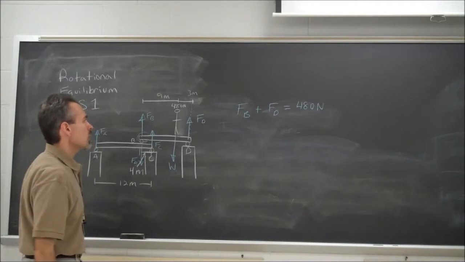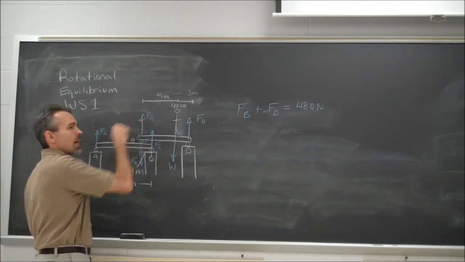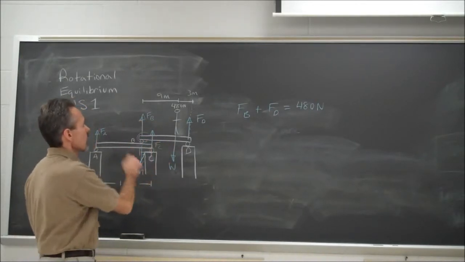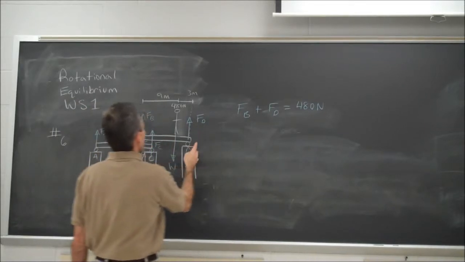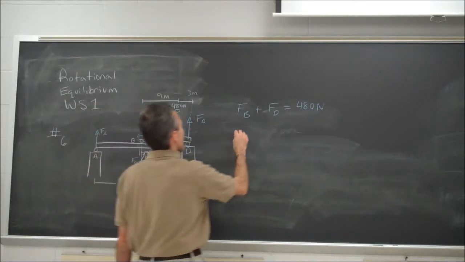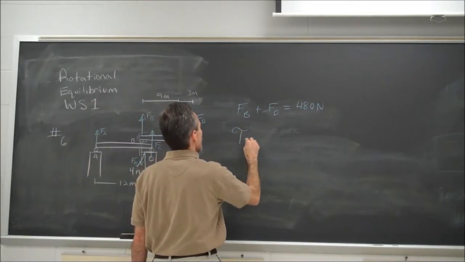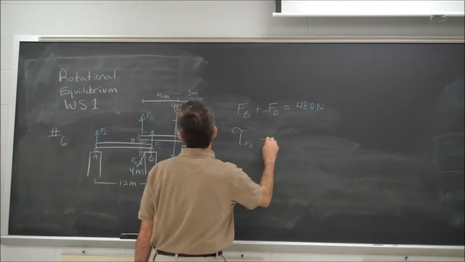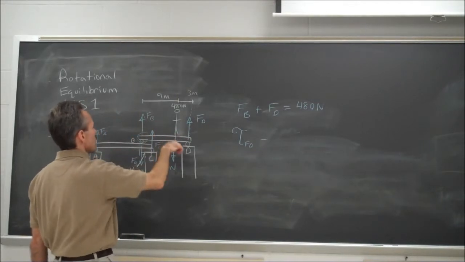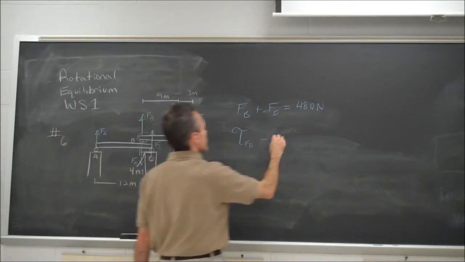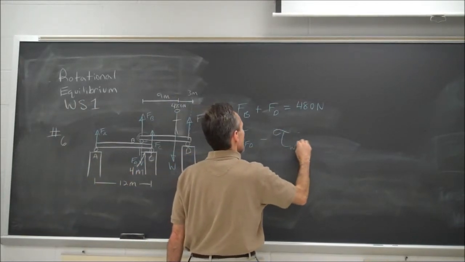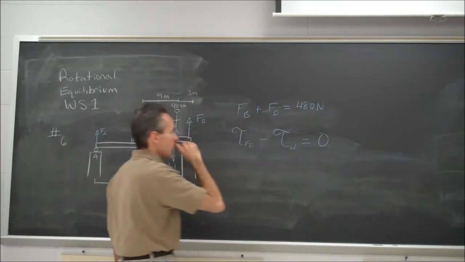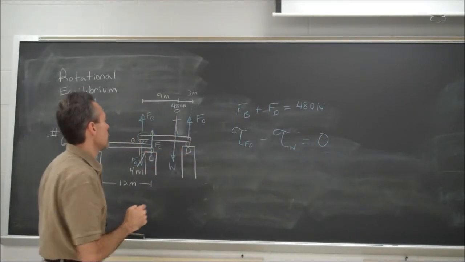If I set that to be the pivot point, then the torque that one creates will be 0 because the lever arm is 0. So this torque here would be counterclockwise, so the torque from force D minus the torque from the weight, which would be clockwise, has to be 0. The net torque has to be 0, it's in rotational equilibrium.